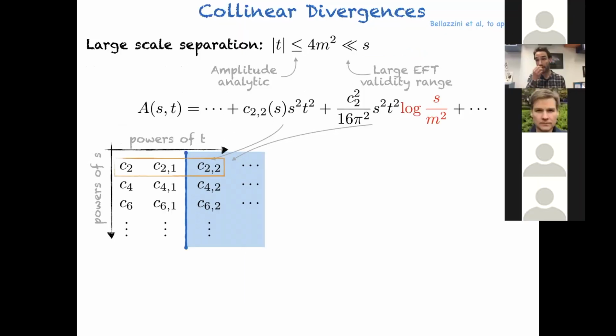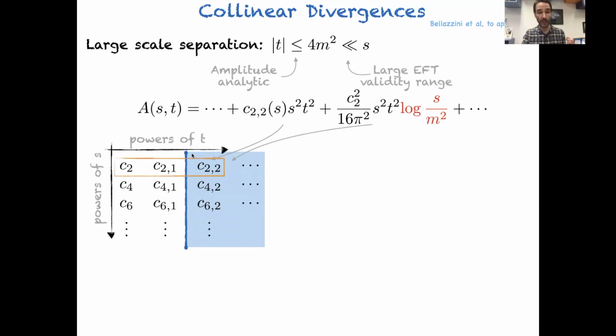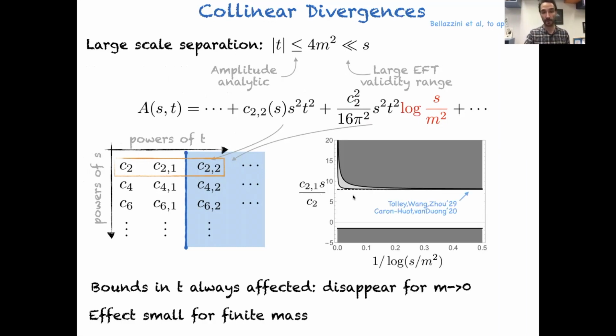In particular, remember that the bounds that go in this direction that were pioneered by Nima, Huang, and Huang, in fact involve at least 3 of these coefficients. And I remind you that these were exploited in these 2 articles, 2020, to put a bound on these Galilean coefficients.